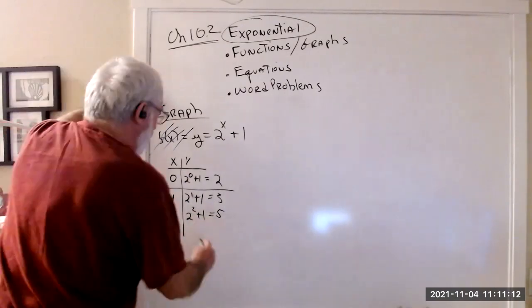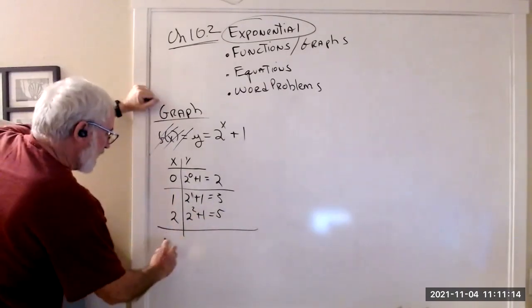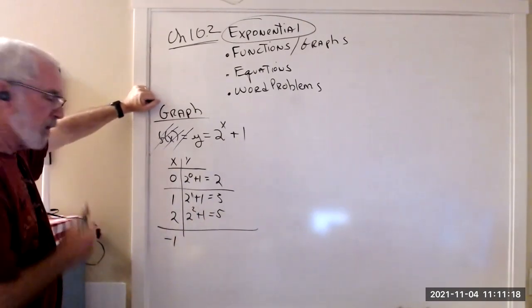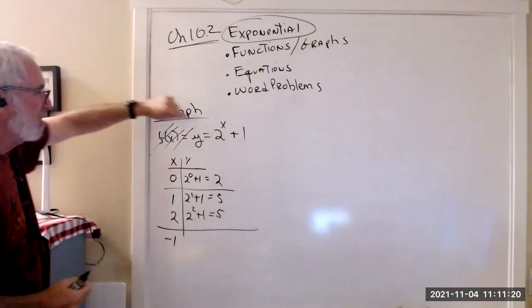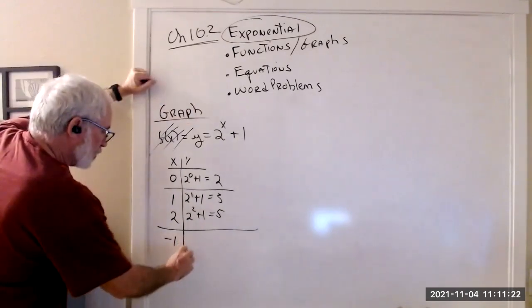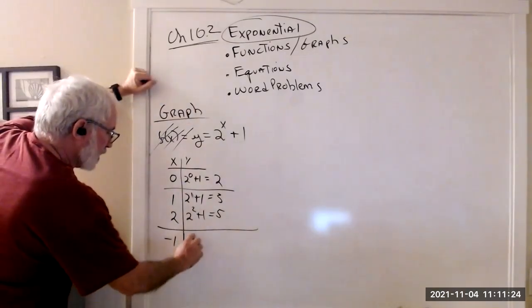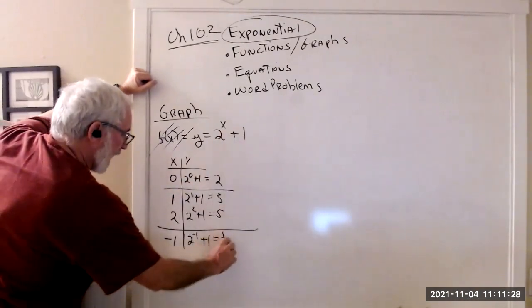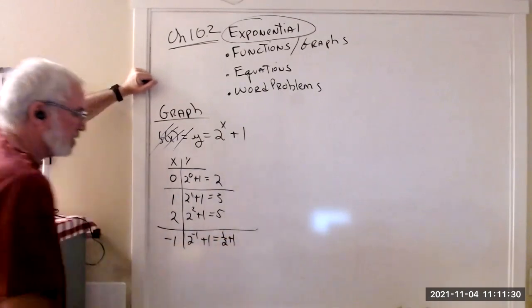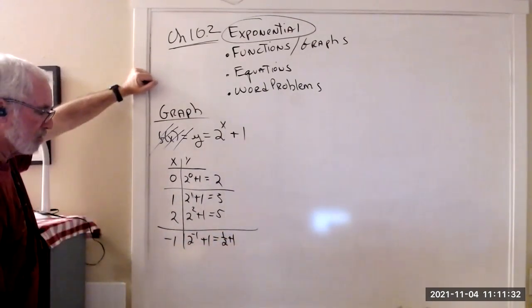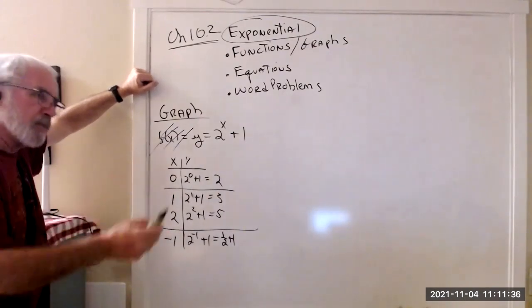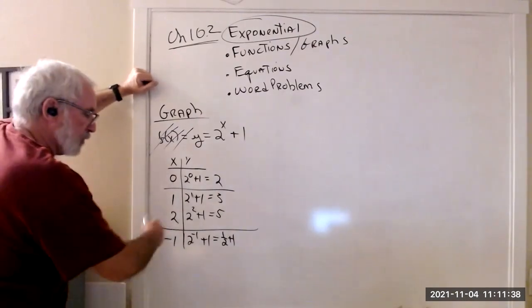But what if x is negative 1? Then this is 2 to the negative 1 plus 1, which is 1/2 plus 1. Remember, a negative power means flip it over.